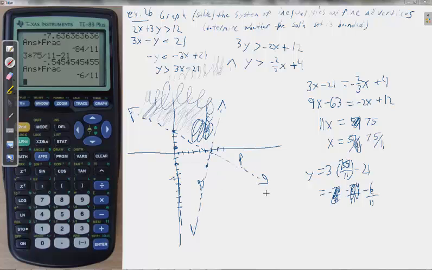Okay, so I've got 75 over 11 and negative 6 elevenths. So let's check those. 2 times 75 over 11 minus 3 times 6 over 11.